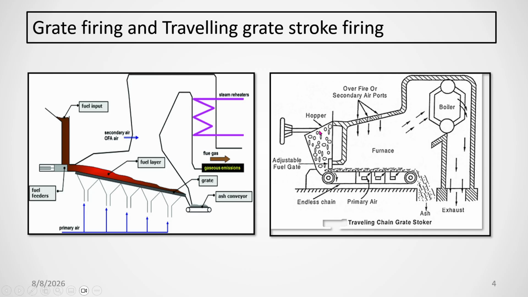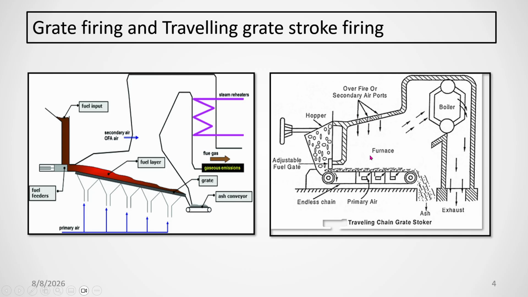The fuel falls on the grates with the help of a ram. As per your load, the fuel comes onto the grate, moves towards the right-hand side, and falls after complete burning. The ash falls continuously and is collected through a conveyor and discharged outside.